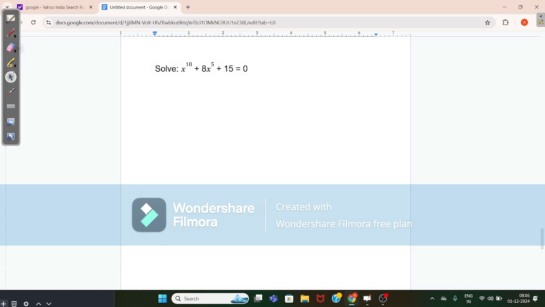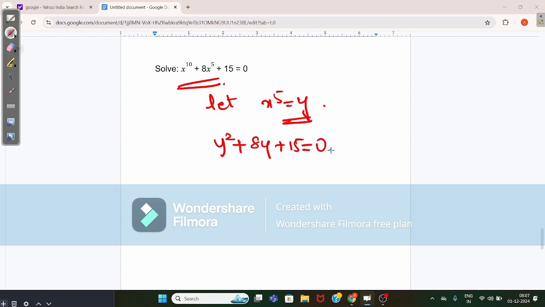Now come to this problem: solve x power 10 plus 8 x power 5 plus 15. Let x power 5 equal y. The equation becomes y square plus 8y plus 15 equals 0.